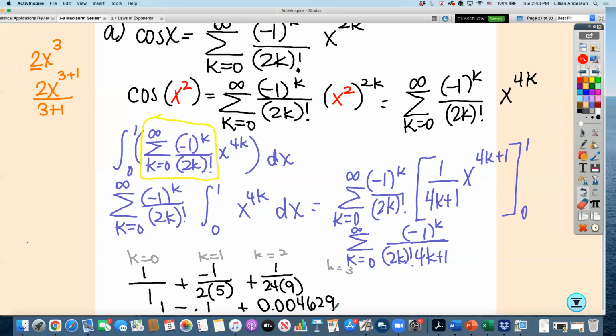All right. Let's plug in 3. That's going to give me negative 1 over 6 factorial, which is 720, times 13.